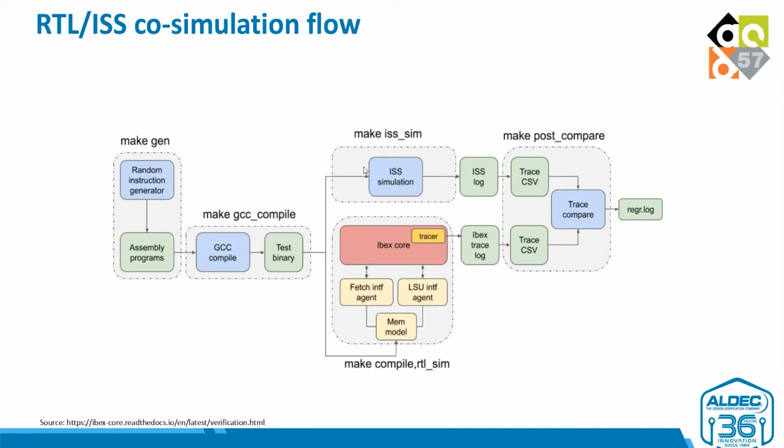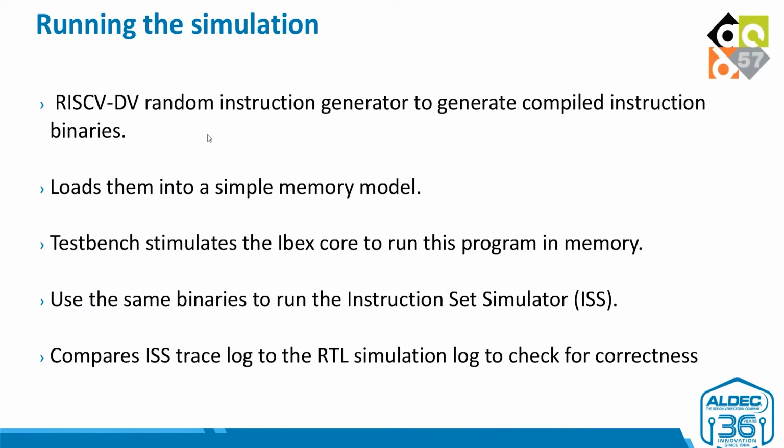And we load both the ISS sim and RTL with that test binary, and then we run the simulations, and then we compare both the simulations using a post compare script, and this is done in Python, and we get the results so we can see if both the simulations are giving the same output.